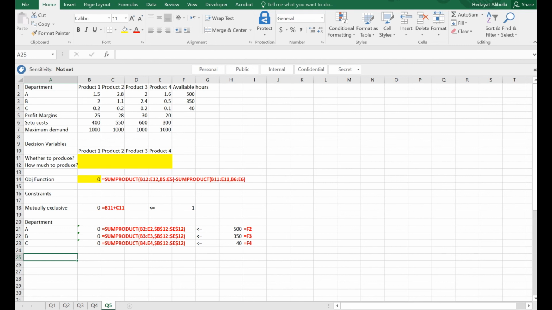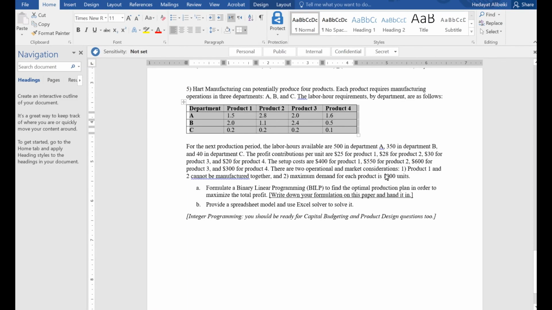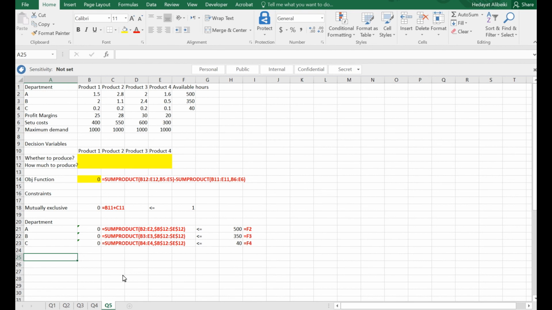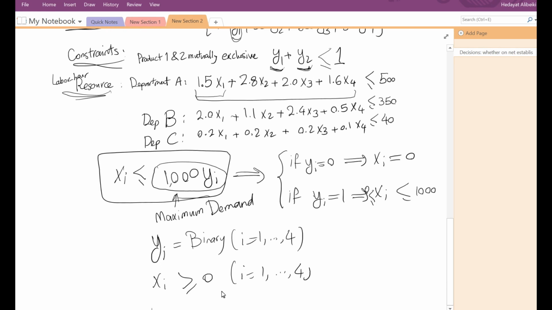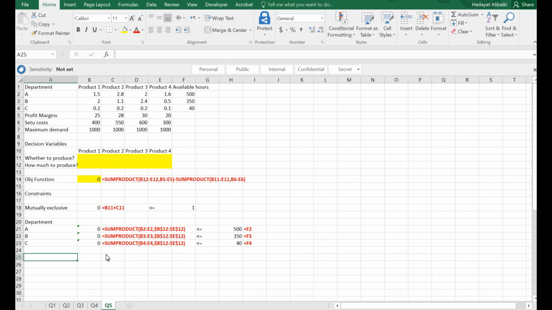And we need that last piece of information here. Maximum demand for each product is 1,000. So we need that one in here. Did I write it here? Yeah. So xi should be less than or equal to 1,000 times yi. So I'm going to write it this way.